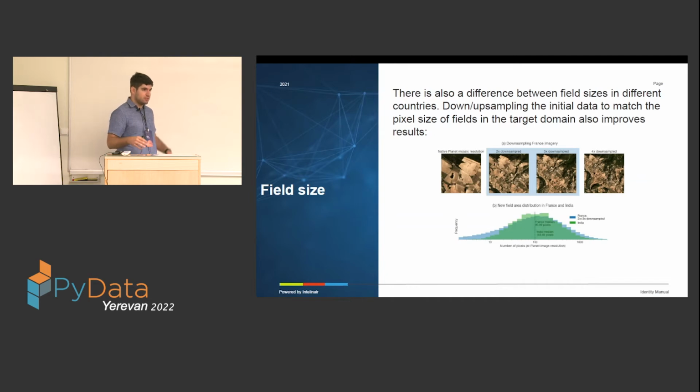Obviously, the real size of the fields doesn't change, but the pixel areas on each image get smaller. And using this technique, you can see the difference here has closed up. The French and Indian field sizes are basically the same size on average pixel-wise. So this is another thing that they use, down or upsampling. In our case, since American fields are larger, changing the initial data to have the same pixel size improves results.